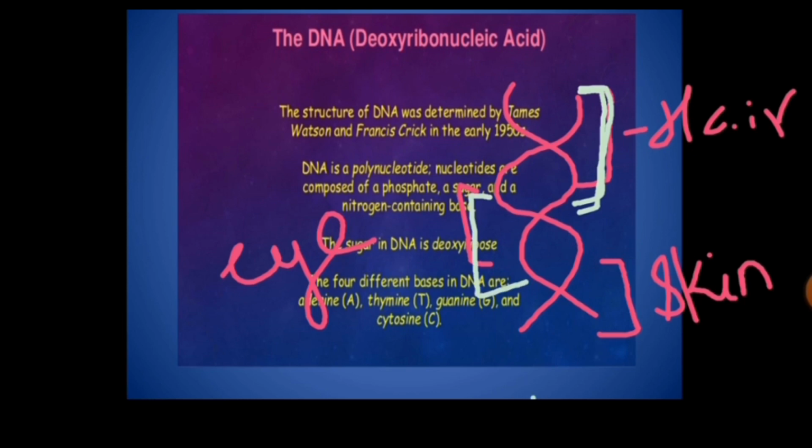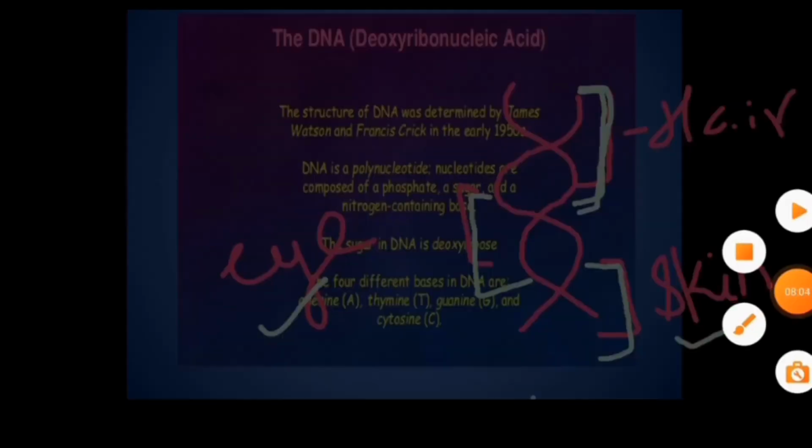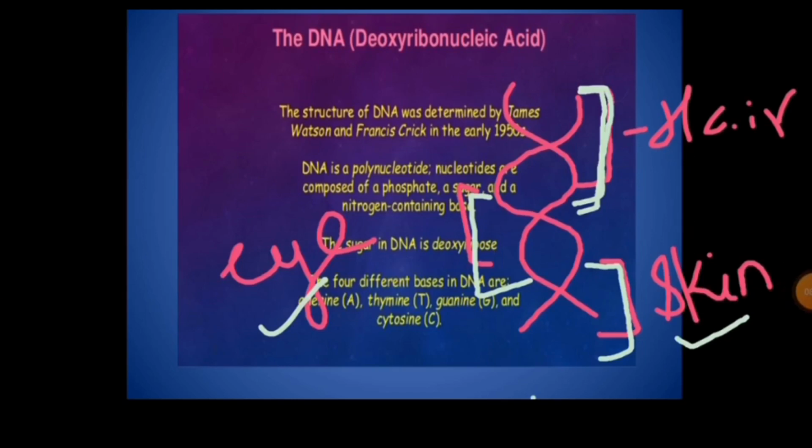This portion of the DNA synthesizes some proteins and those proteins decide the eye color. This portion of the DNA synthesizes some proteins which actually decide the color of the skin, right? Because it is all dependent on protein synthesis, which in turn is dependent on DNA. Now from this lesson, this is what we are going to study here: how DNA impacts protein synthesis, how protein synthesis happens from DNA.